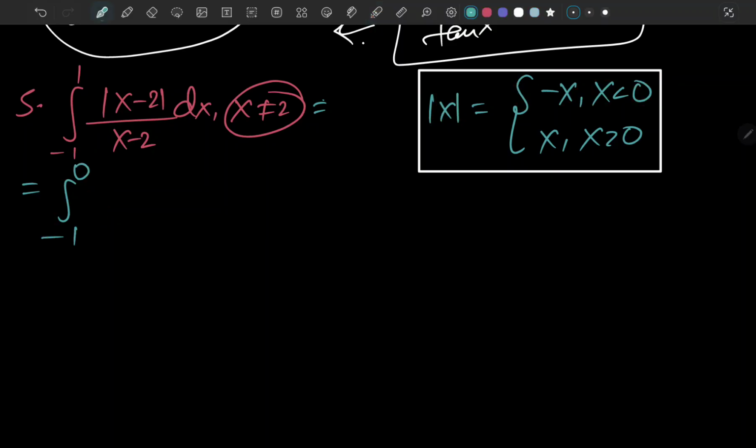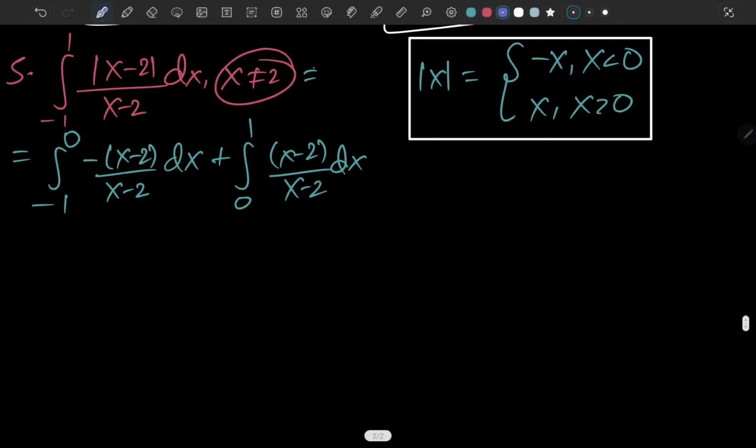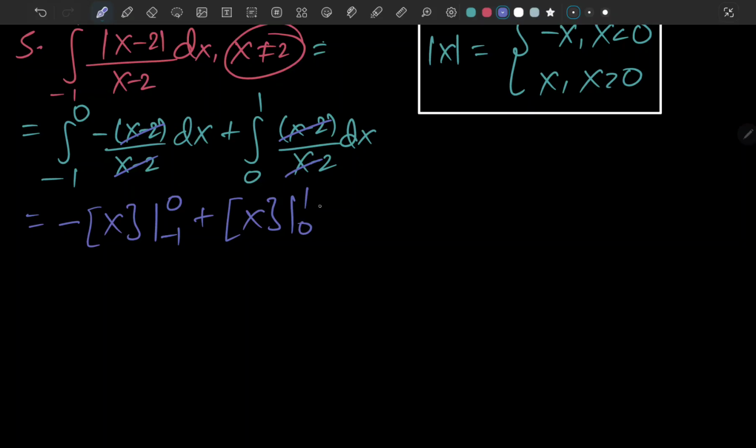So we are going to open this up with a negative sign, that is negative of (x minus 2) over x minus 2 dx, and plus 0 to 1, the positive part, so it would be opened with the positive sign, that is (x minus 2) over x minus 2 dx. So far so good. And now this cancels out: negative of x going from negative 1 to 0, plus x going from 0 to 1.